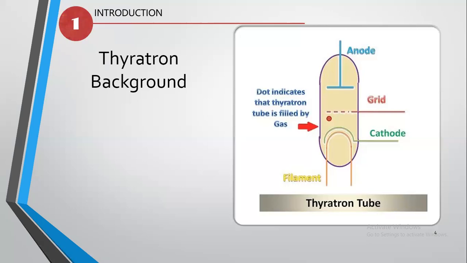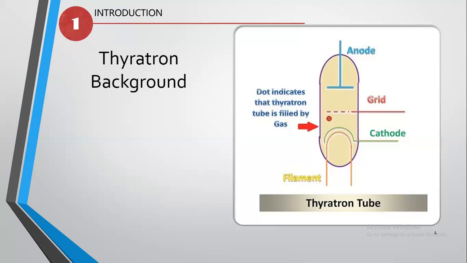So we have two conditions to open the load. First one is the voltage source across the Thyratron, and the Thyratron must handle this power source.